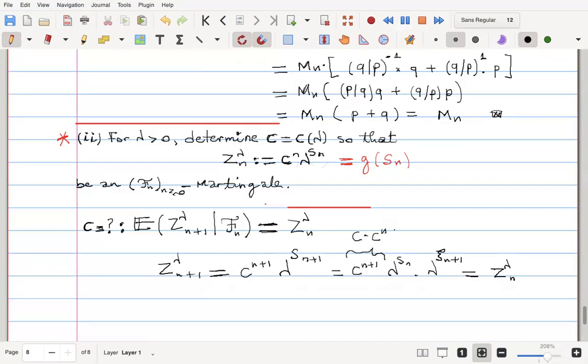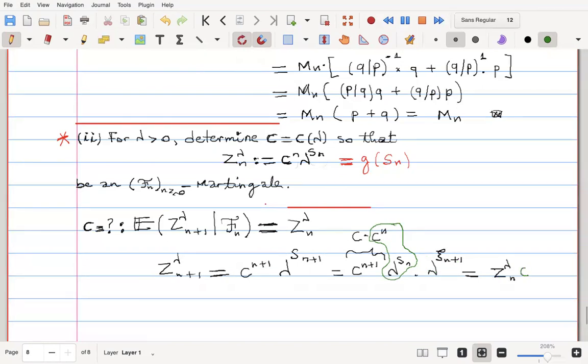If I take this factor C to the n lambda to the Sn, so this one gives us Zn. This is the definition here. C to the n lambda to the Sn, that is Zn lambda. So the remaining factor will be C lambda psi n plus 1, which we can write here.